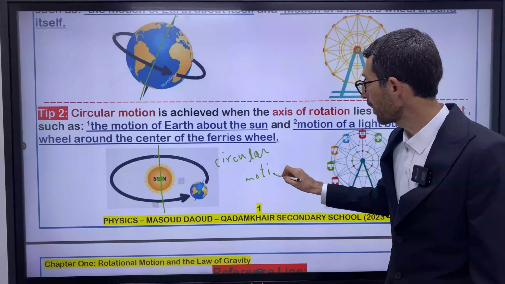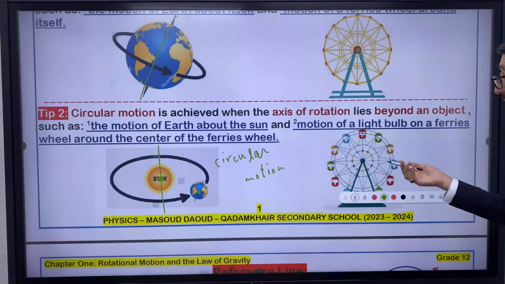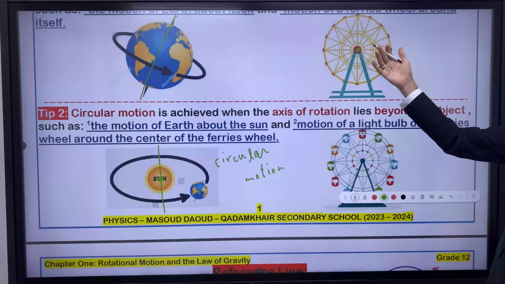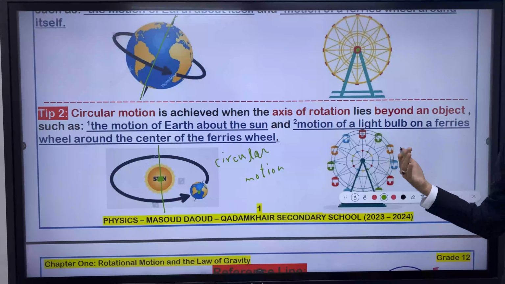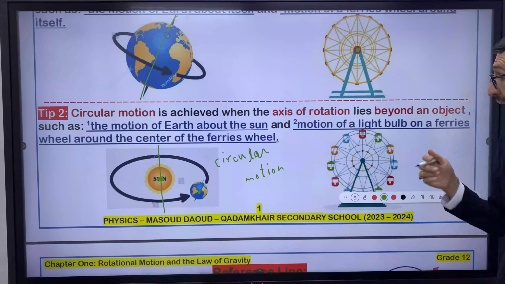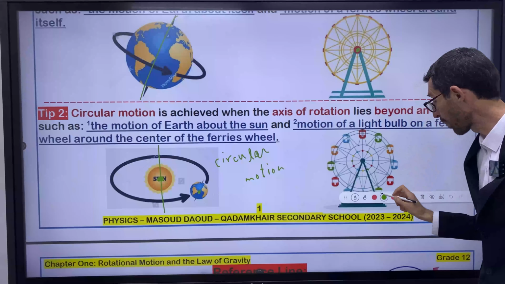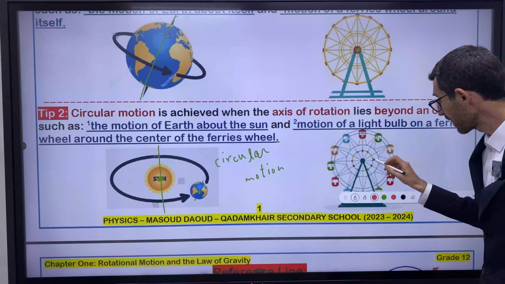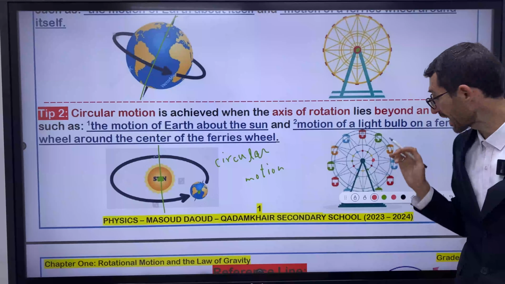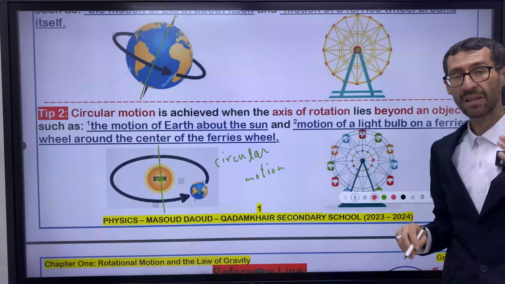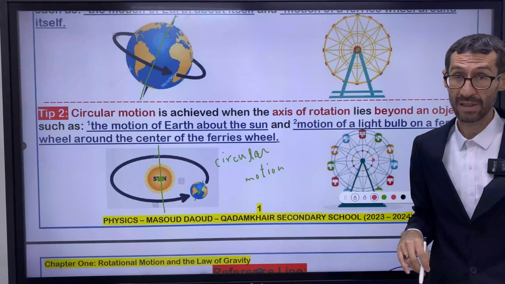About the Ferris wheel, maybe you said, sir, this is a Ferris wheel and this is a Ferris wheel. How do we distinguish between them? Here, focus on only one point, for example this light bulb. Study this light bulb in several time intervals.